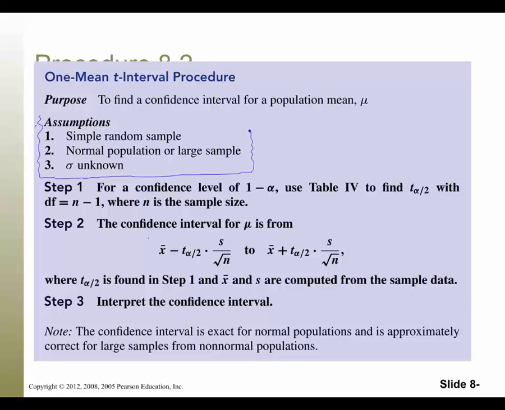Before we said sigma was known, but why would we know that? We're starting with a population we don't know anything about. We're going to take a sample and try to figure out what the population mean is. So this is actually a more realistic situation now. Does that make sense? You wouldn't know anything about the population.